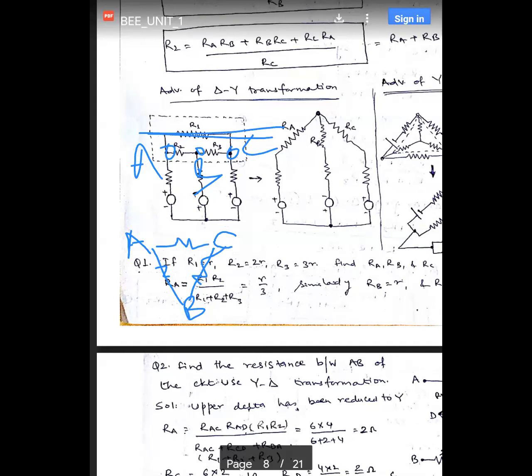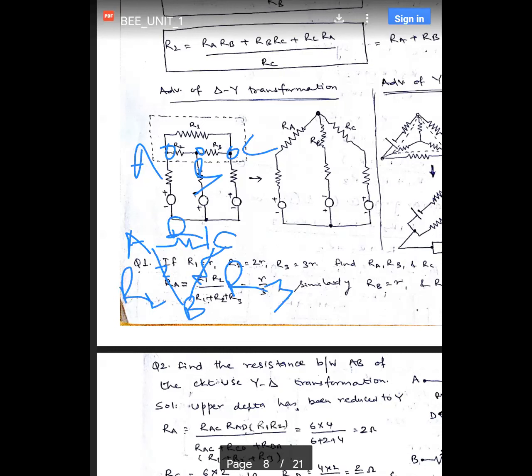But things remain the same because here also the resistance between A and C is R1. Now in this revised diagram also it is R1. Here A and B has the resistance R2, so it is also R2. Again B and C it is R3.